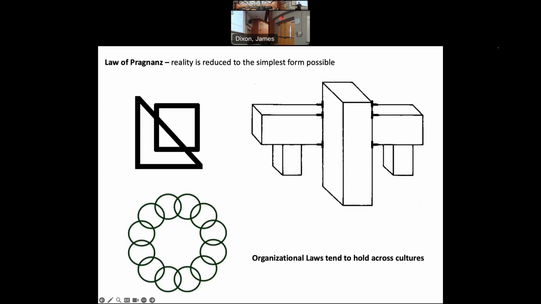And in doing so, we invoke these laws of simplicity. So there are two overarching things. One is the description of the laws of simplicity, of which we've had some examples. And then this law of prägnanz, which essentially says, when possible, always simplify. Go with the simplest possible story.